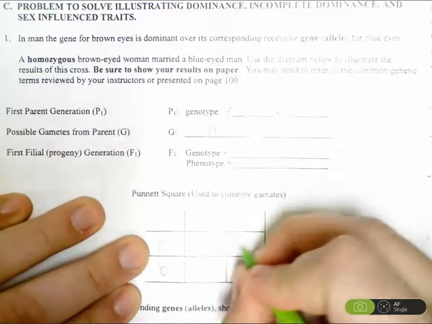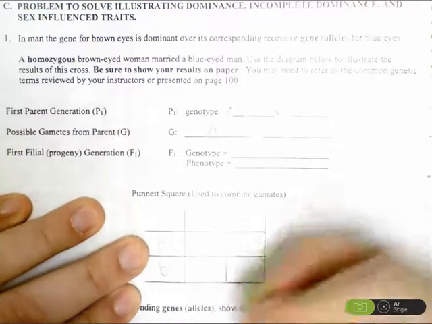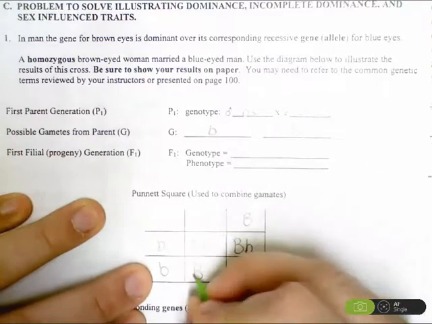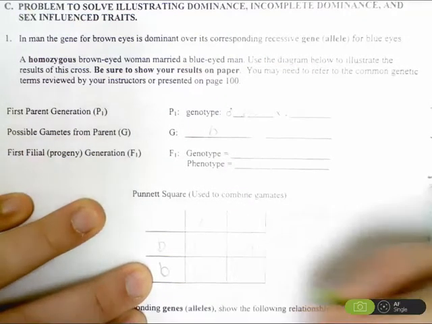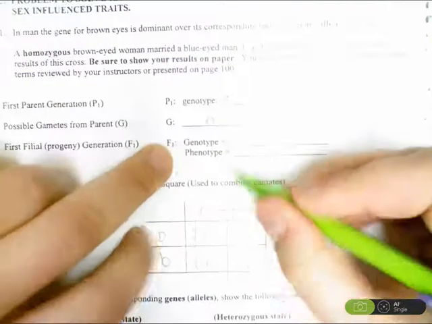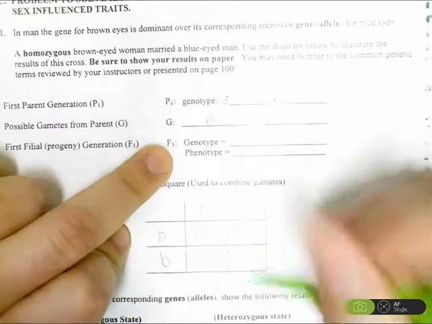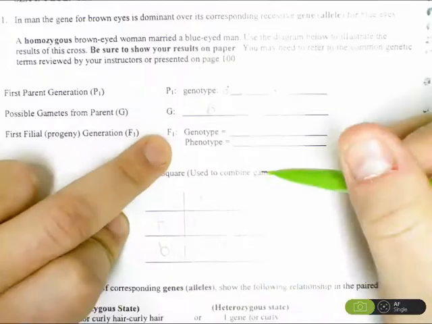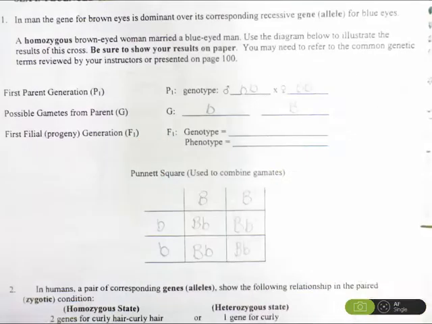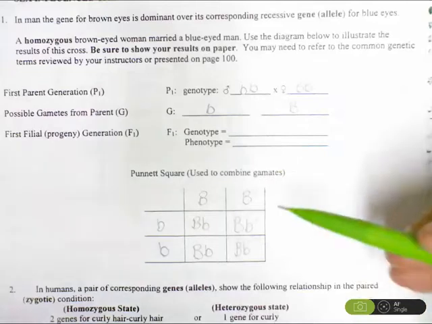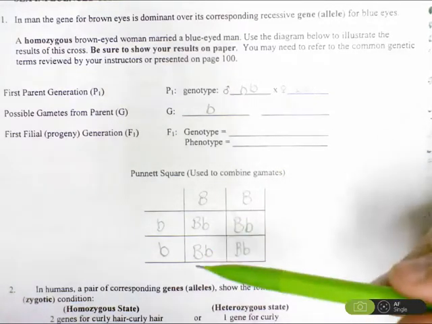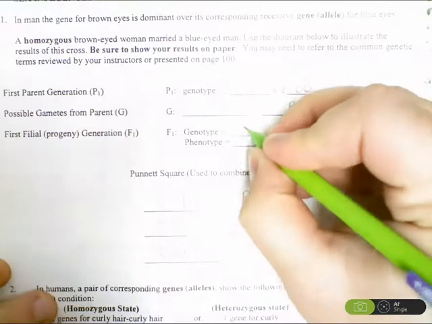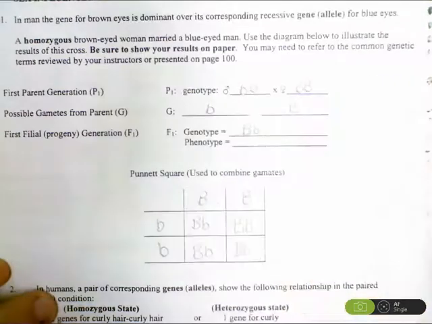Big B down, little b across. Big B, big B, little b. The genotype for all of their offspring, every single one of them, there is not a single one that is going to be anything different than heterozygous. So the genotype for all the offspring is big B, little b.